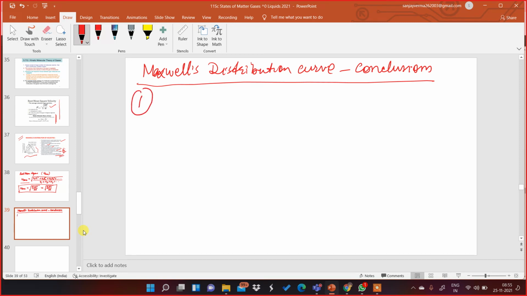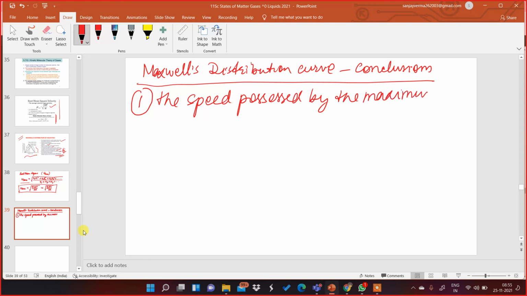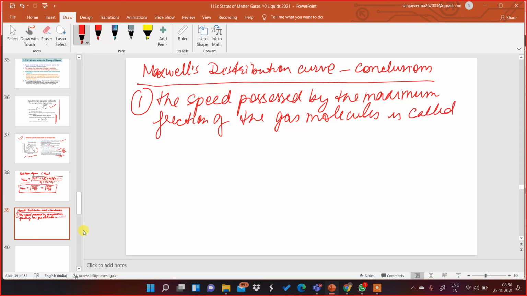The first conclusion is like this: the speed possessed by the maximum fraction of the gas molecules is called the most probable speed.